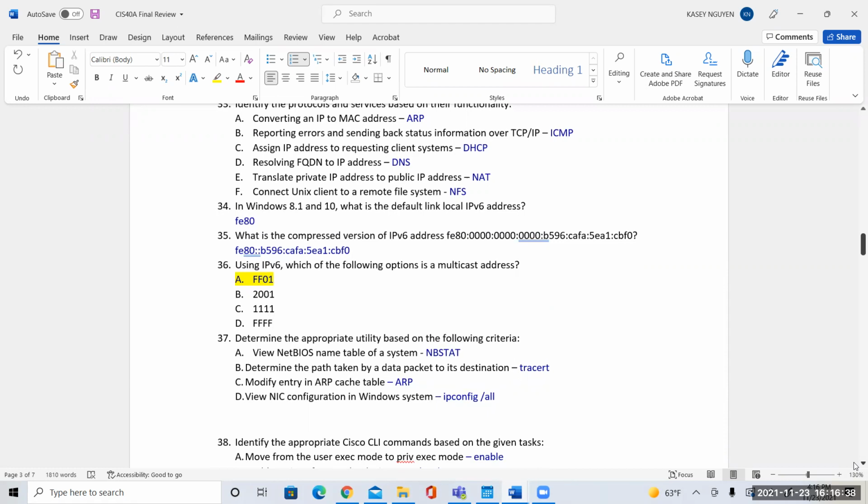View NIC configuration in a Windows system, ipconfig /all. Network interface card configuration, that will be IP address, MAC address, DNS, DHCP, all of that. When you right click your Ethernet adapter, that's your network interface card, the property sheet. So when you do ipconfig /all, basically you're looking at that in the command line.